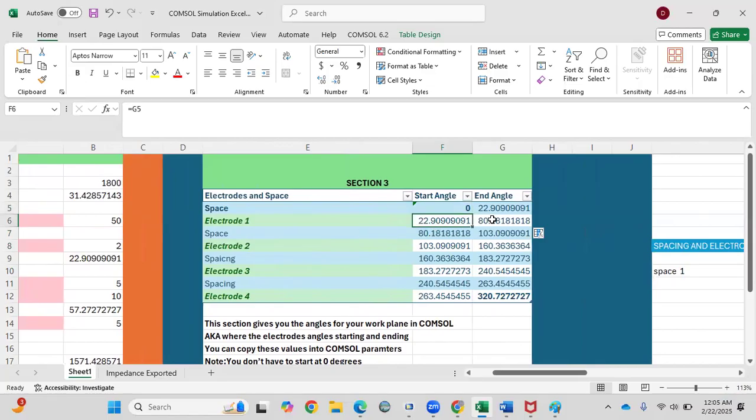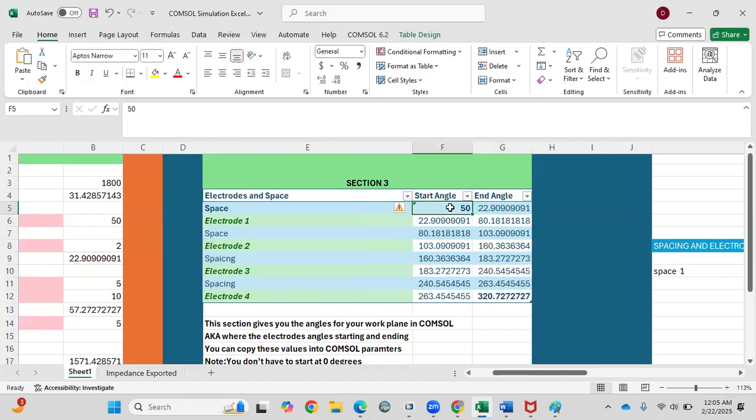But this is basically what you'll get, the start and the end angle, and you could change this to whatever you want it to be. It would just change up the values in terms of where it's ending and starting.